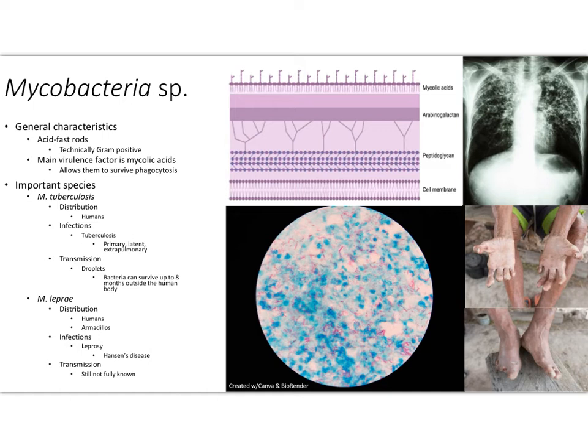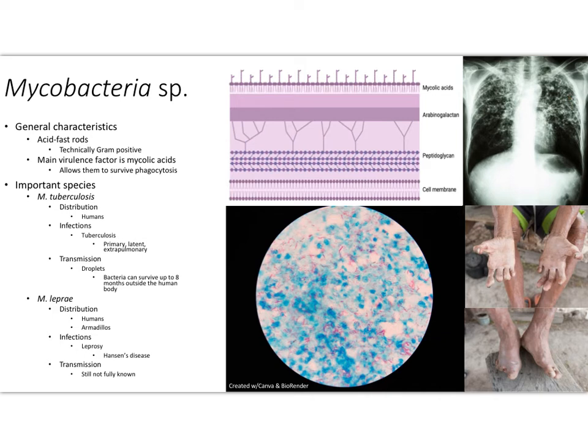In terms of the infections that it causes, like I said, tuberculosis, and there are different types of tuberculosis. There is primary tuberculosis, which primarily means that the bacteria are infecting the lungs, and you can see over here on the upper right-hand side, this lung infection here, kind of spread out, white, kind of spider web-like or cobweb-like infection here.